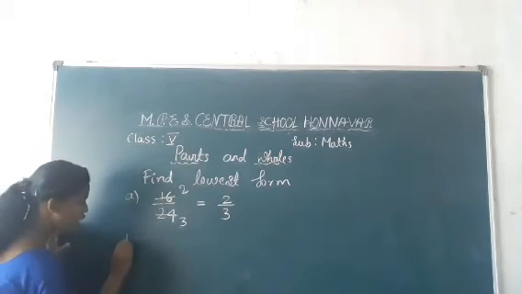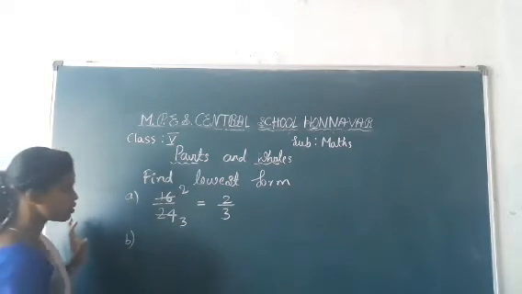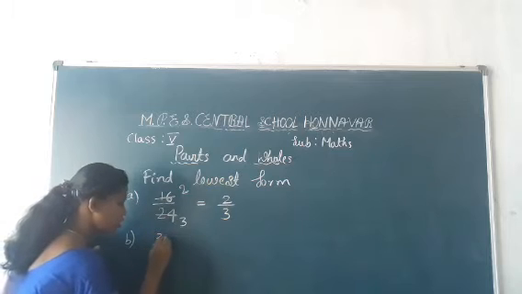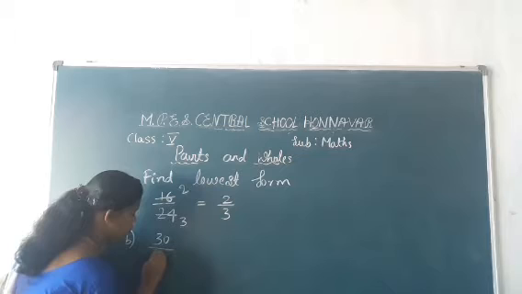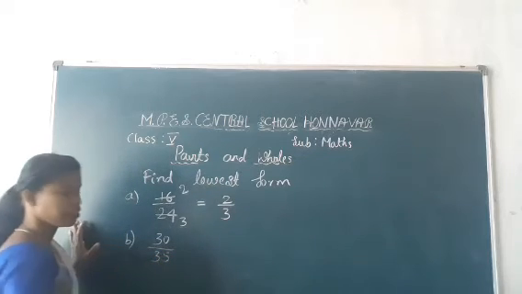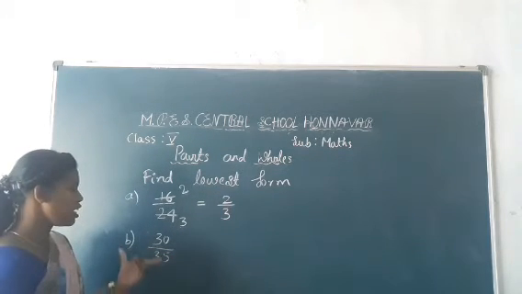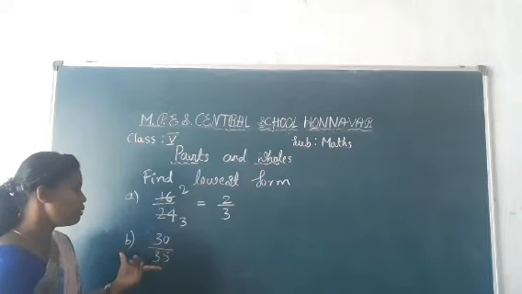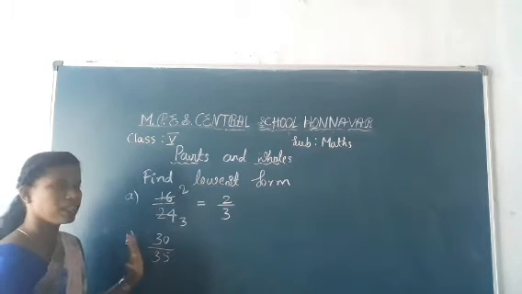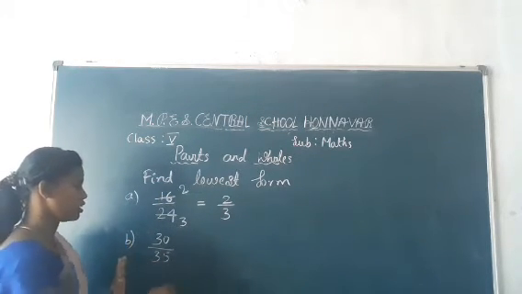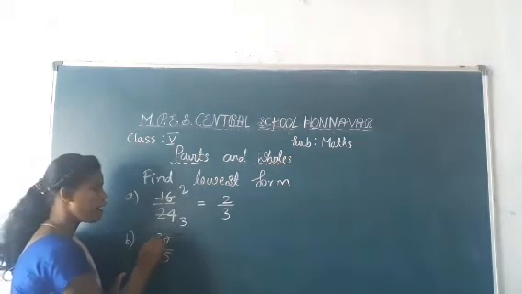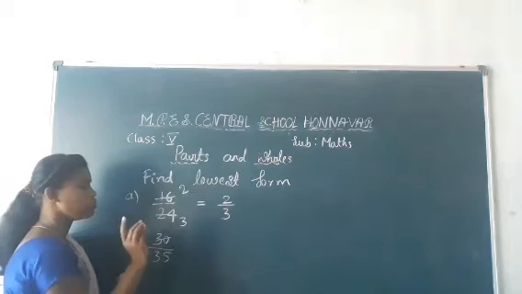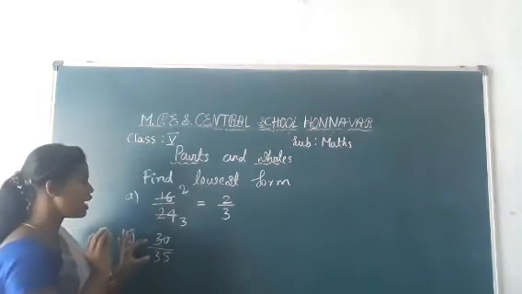Okay, now move to another example. 30 divided by 35. Now we see if 30 by 35 are divisible by one number. We have to check whether the numerator and denominator are divisible by the same value. What is that?